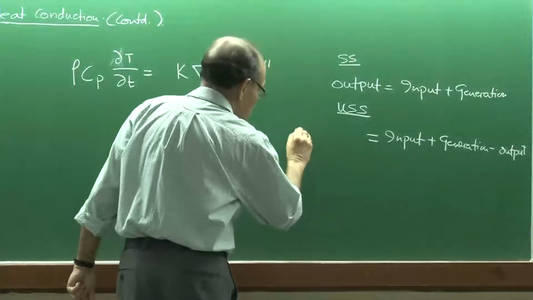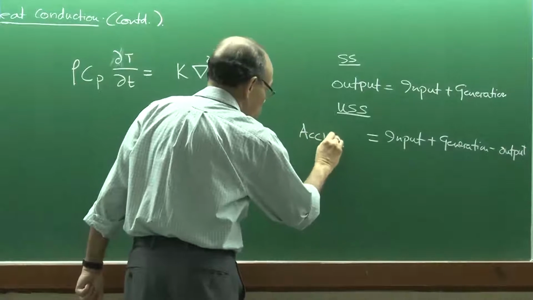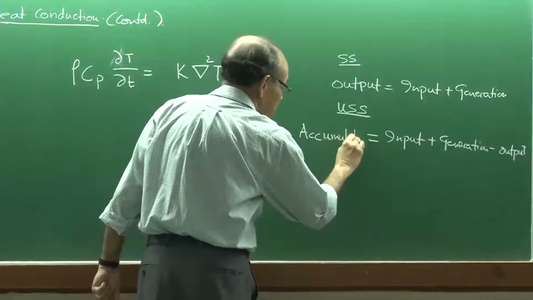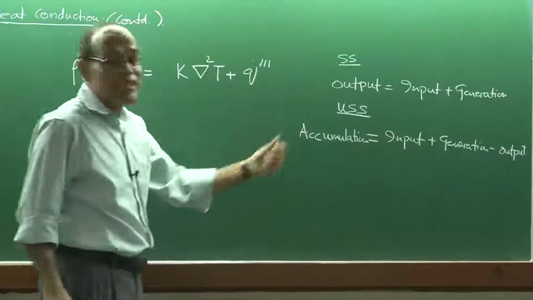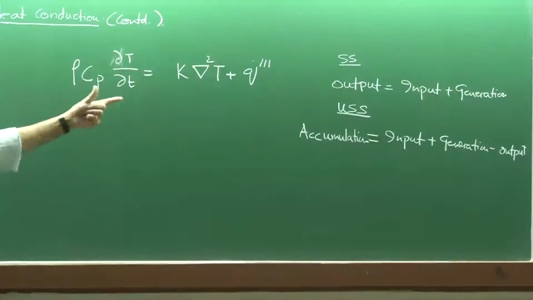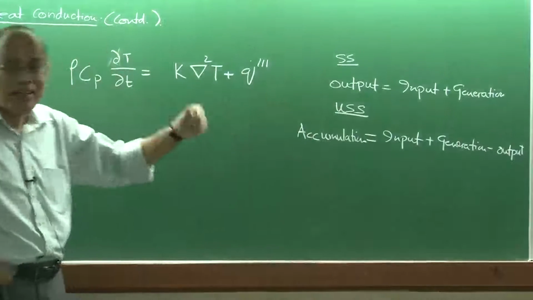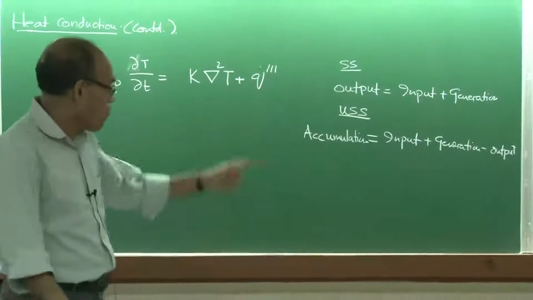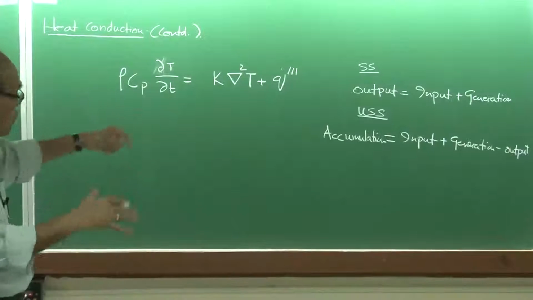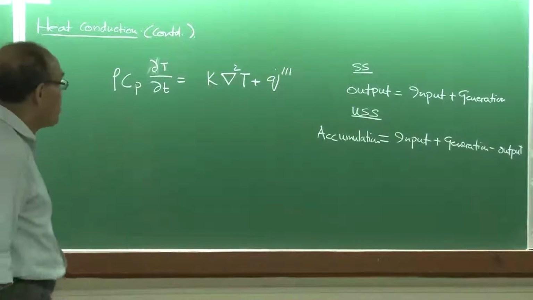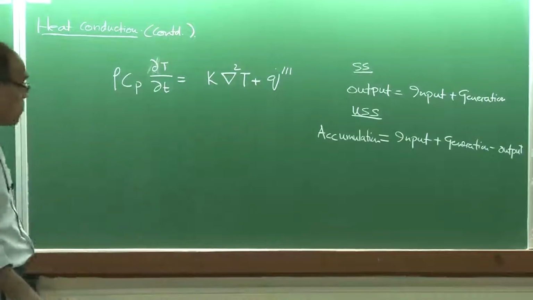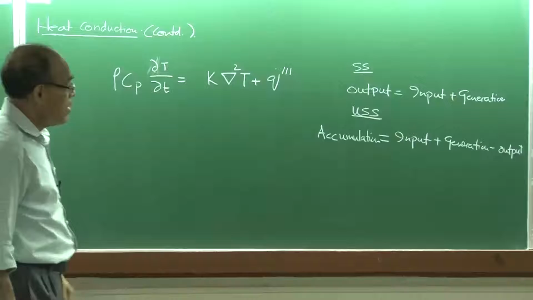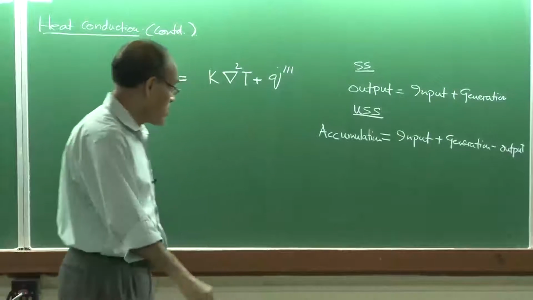So, we can say that this is equal to accumulation, the net rate of heat accumulation. That becomes the statement based on which this was derived. I deliberately did not show you the step by step derivation, assuming that you have already been exposed to it in your undergraduate classes.